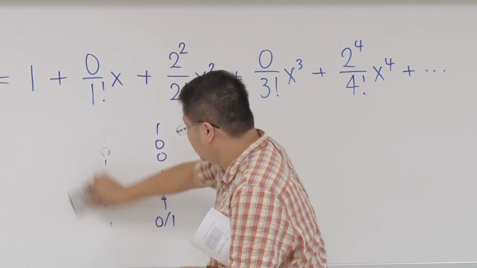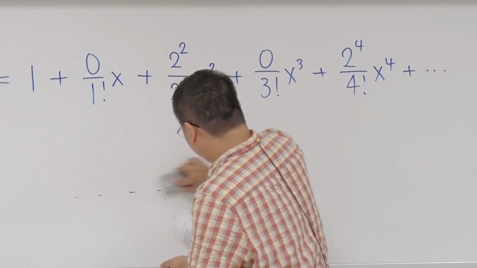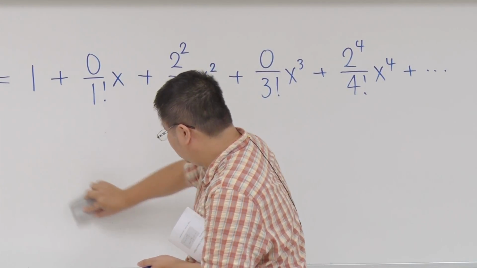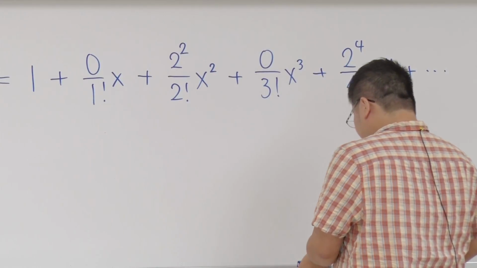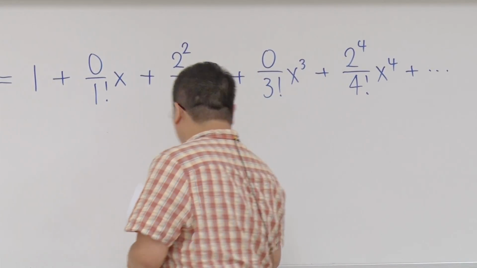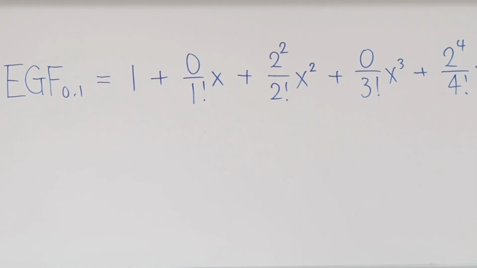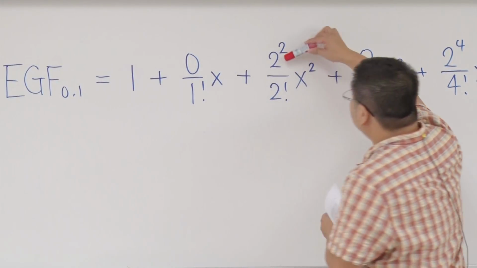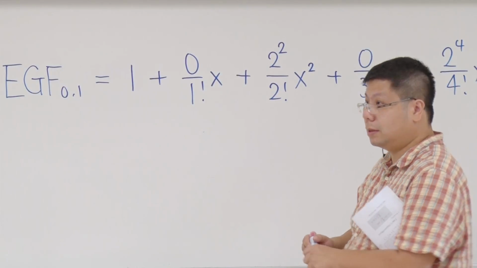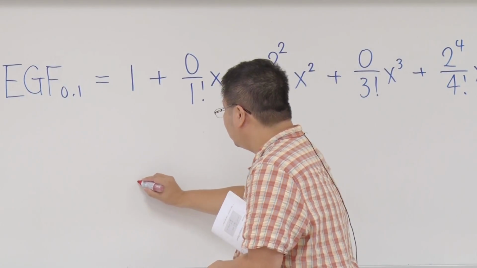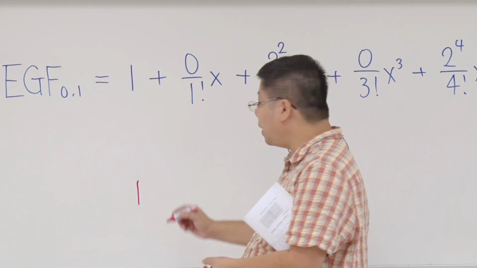So what is it? Can we simplify this? Well, if you are familiar with e to the power x, this is like e to the power 2x. So let me write down what is e to the power 2x.